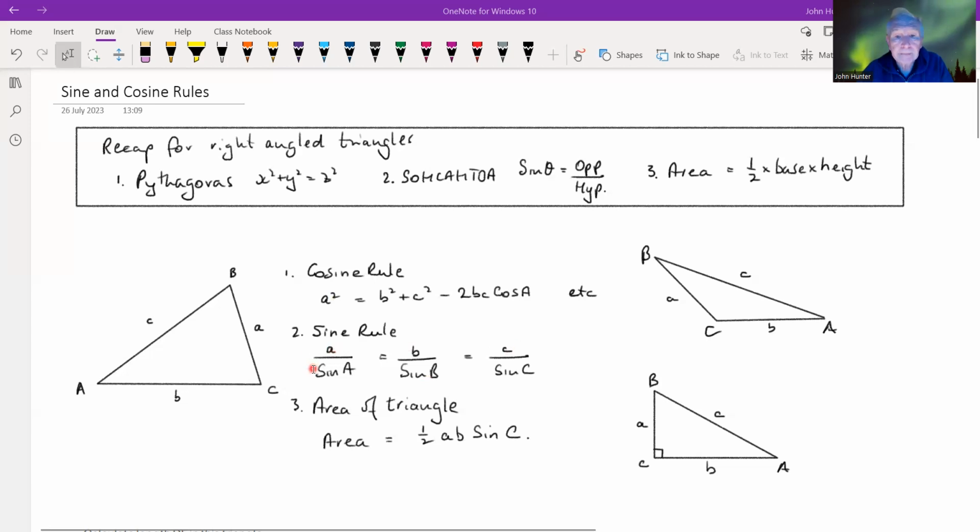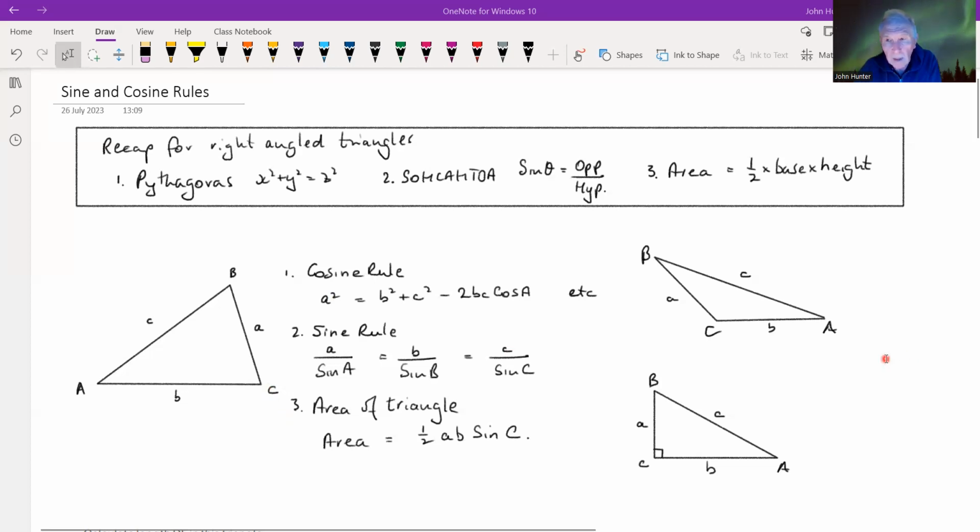So that's the sine rule, and then the area of the triangle is half ab sine C. So if we look at this example here, the area of this triangle would be the product of these two sides, a and b, times the sine of this angle here, sine C. So those are the three formulas we will tend to use.